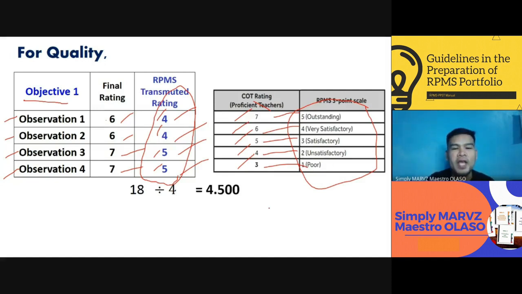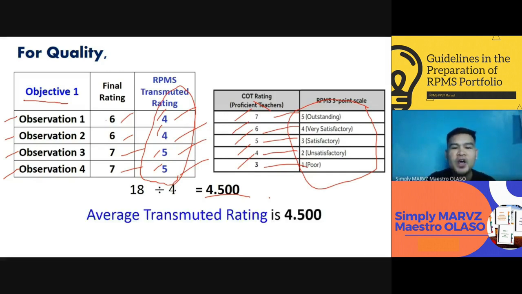So 18 divided by 4, equivalent po sa 4.500, kasi 3 decimal places po tayo. Ibig sabihin, ang nakuha mong average transmuted rating po para sa objective 1 ay 4.500.